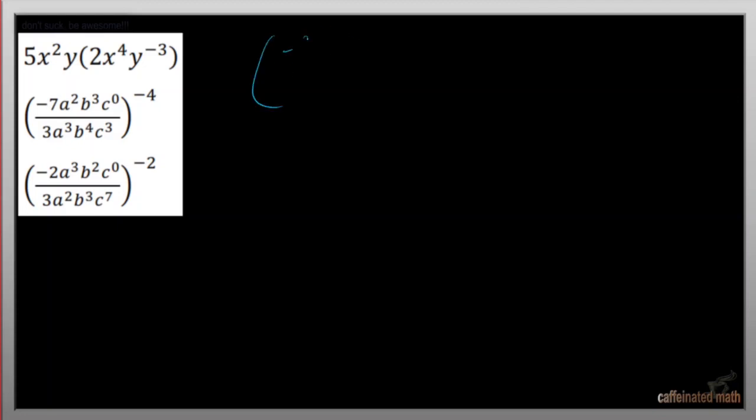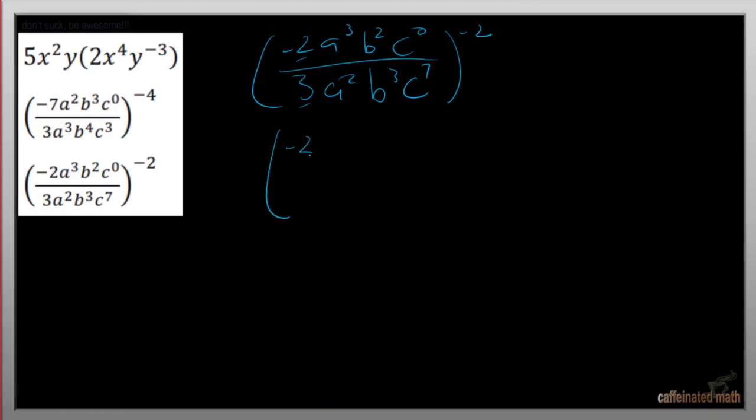So we have negative 2a cubed b squared c to the power 0 all over 3a squared b cubed c to the power 7, all to the power negative 2. Okay, let's pull out the easy stuff. There's nothing we can do with our coefficients, so they are going to stay as is.